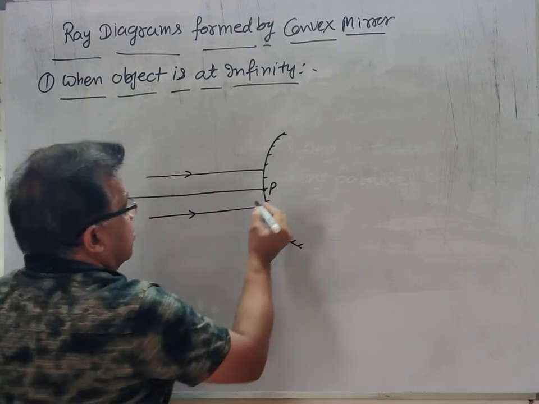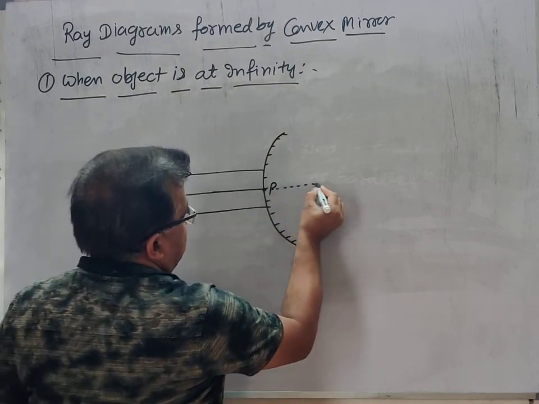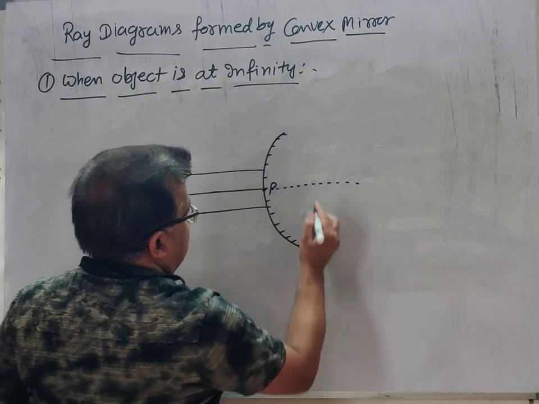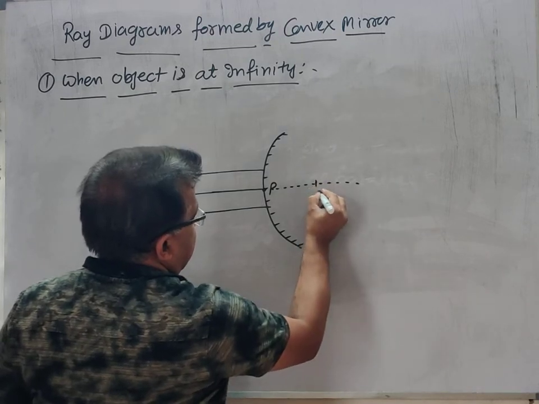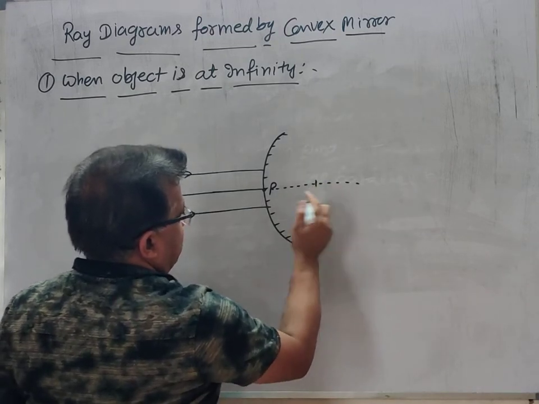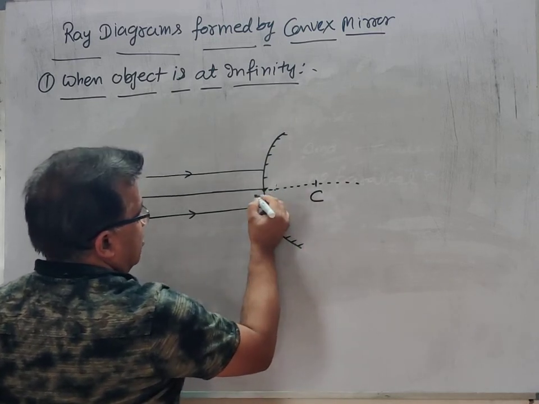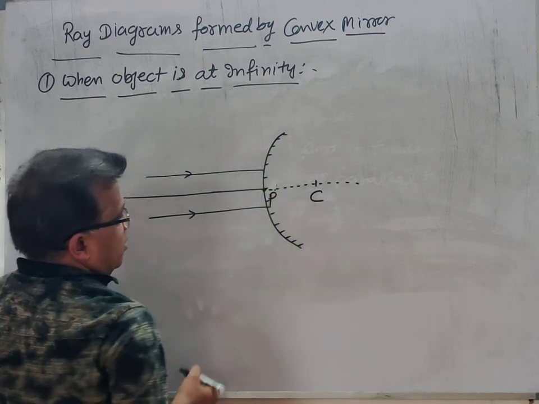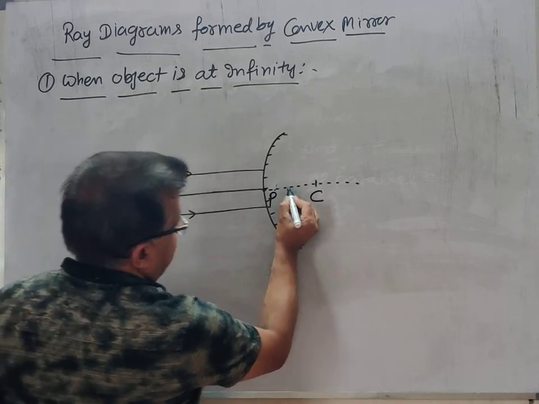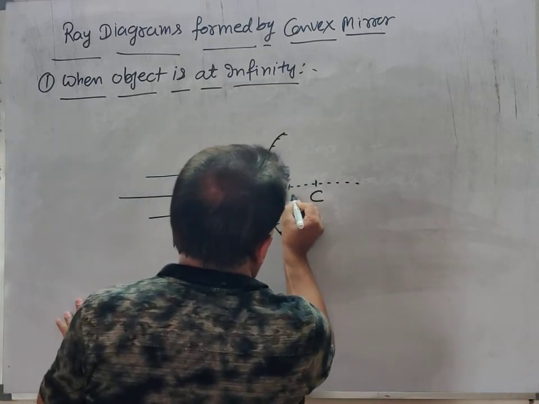Now if we think approximately, there is center of curvature, write a little bigger, it is P, and in middle there is focus.